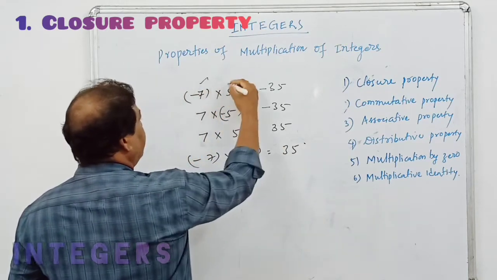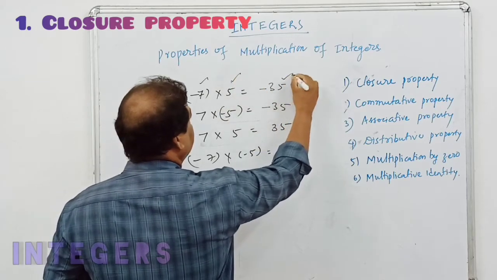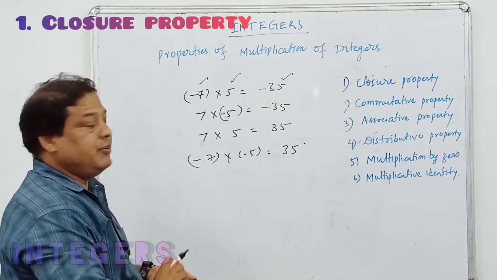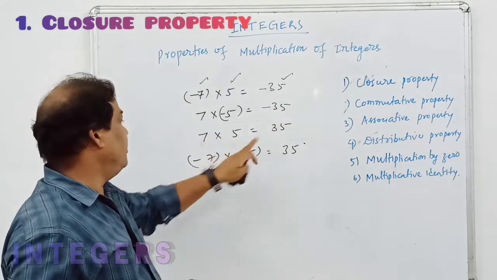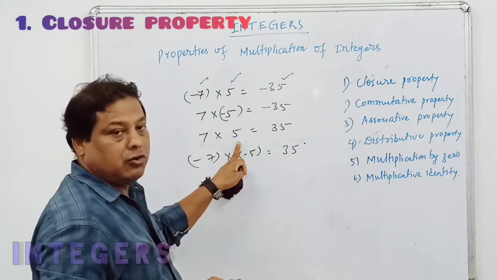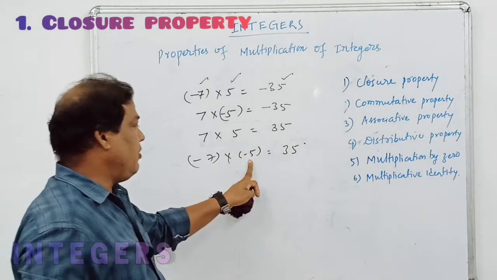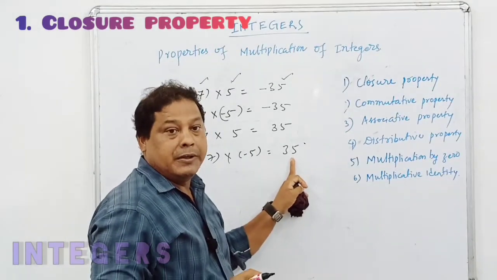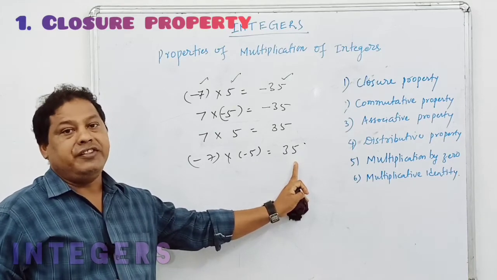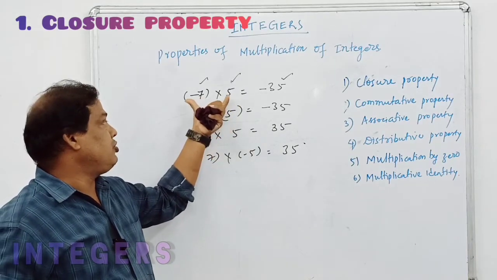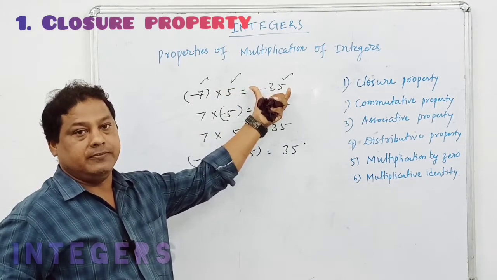See, minus 7 is a negative integer, 5 is a positive integer, so minus 35 is a negative integer. Minus 35 is also an integer. 7 and 5 are integers, 35 is also an integer. Minus 7 is an integer, minus 5 is also an integer, 35 is also an integer. That means the product of two integers is always an integer. When you multiply these two integers, the result will also be an integer.